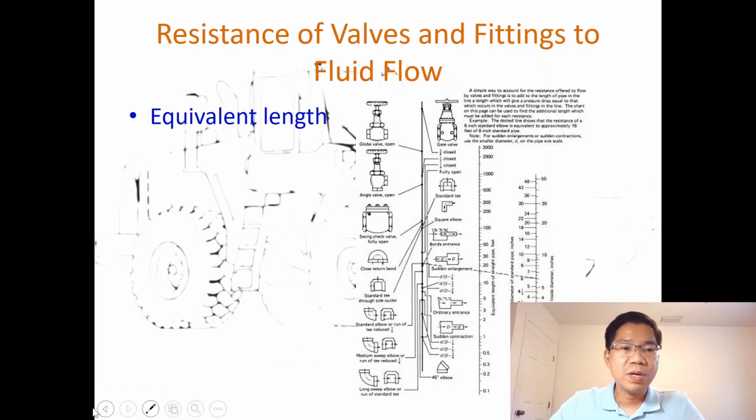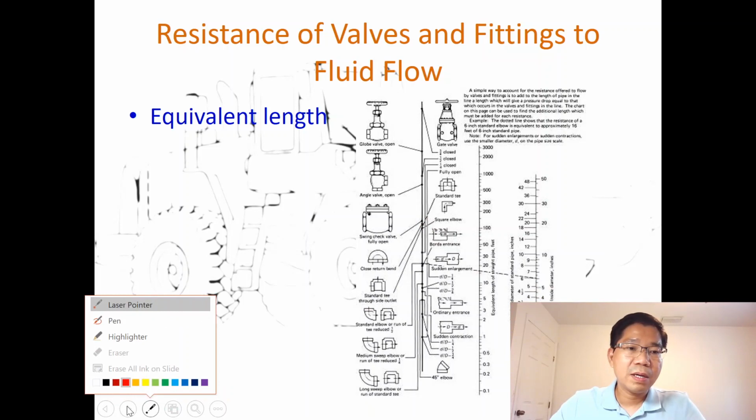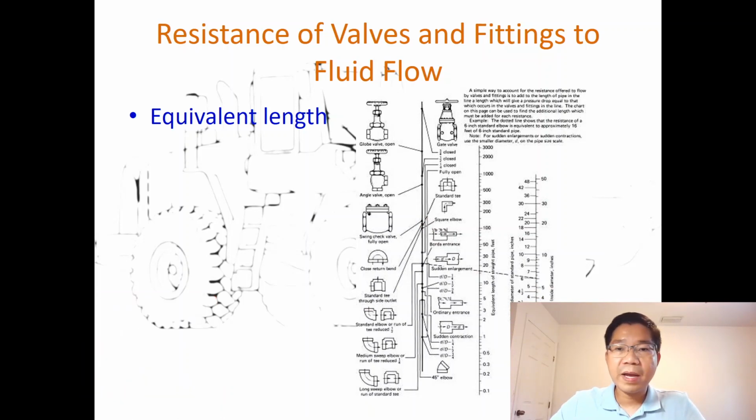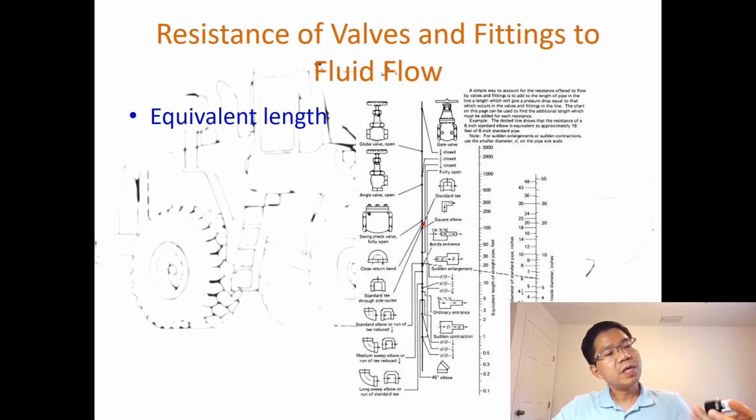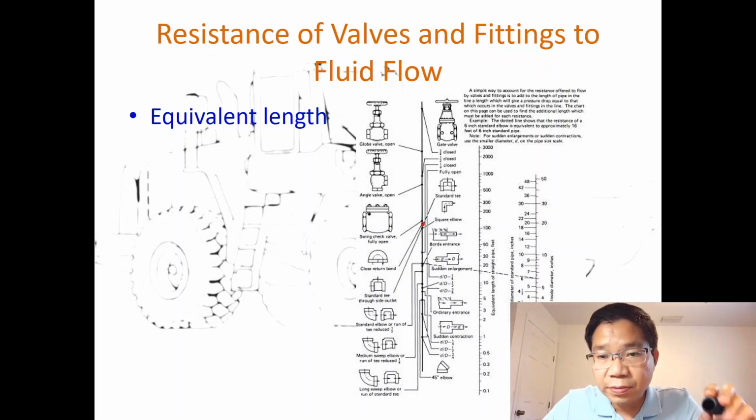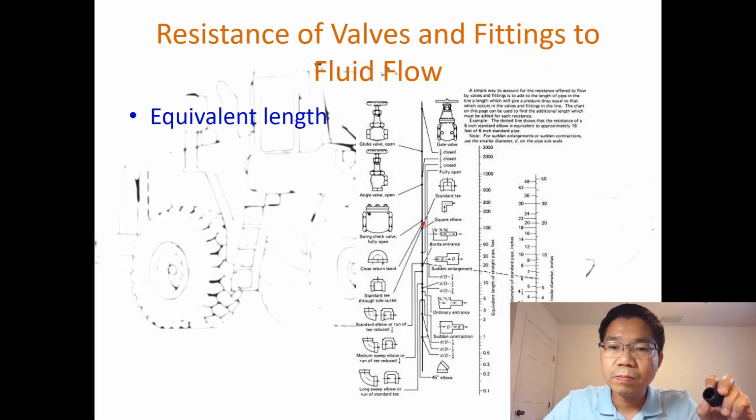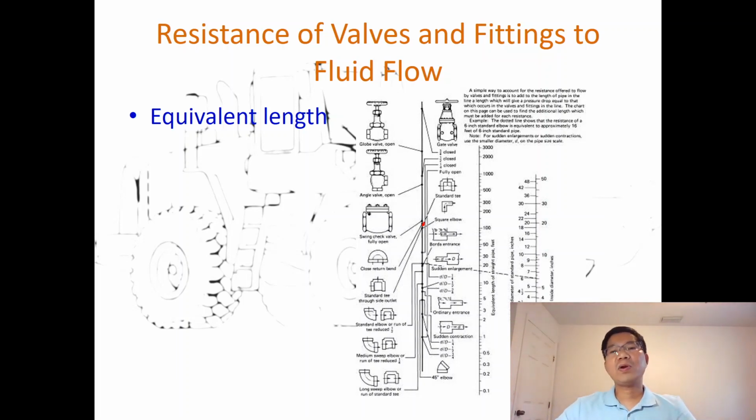For example, let me make a nominal. If you have a standard T, so we have that here, and then we want to know this is 1 inch nominal diameter.